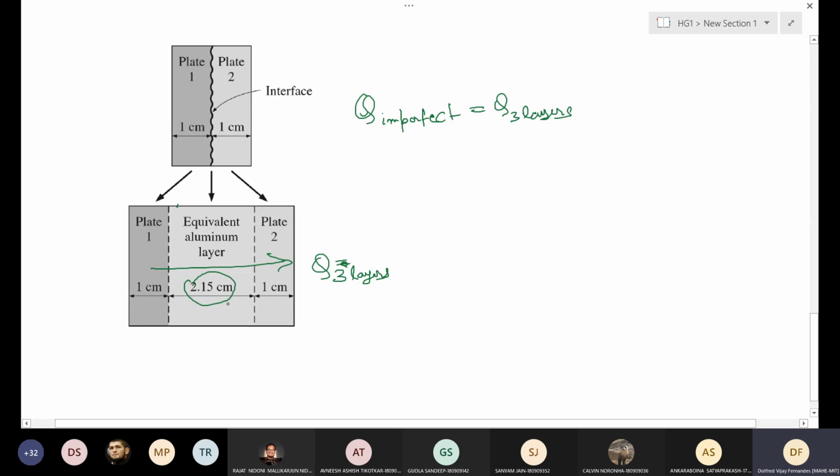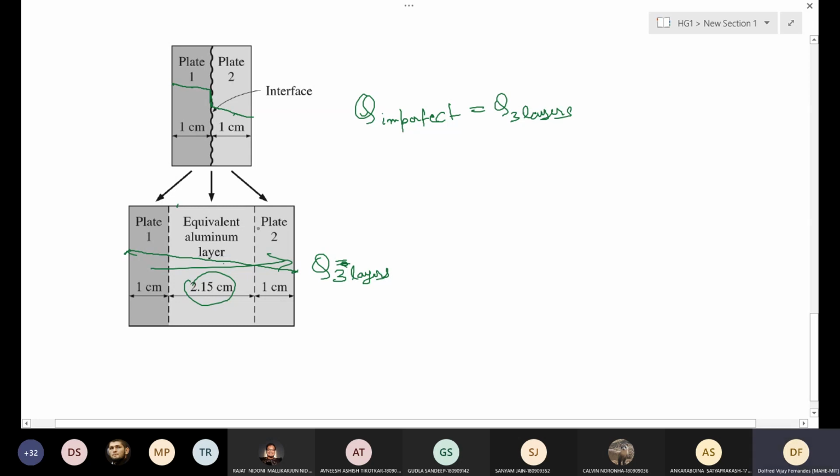And in this case, what we do, we assume a perfect thermal contact. Here the temperature profile will be, then there is a steep drop in the temperature at the interface, and then the same slope as before. This slope and this slope is the same. But here we have the same slope everywhere. Here to here. Okay. In this case, we assume perfect contact and we are replacing the contact resistance by an equivalent aluminum layer of 2.15 centimeter thick.